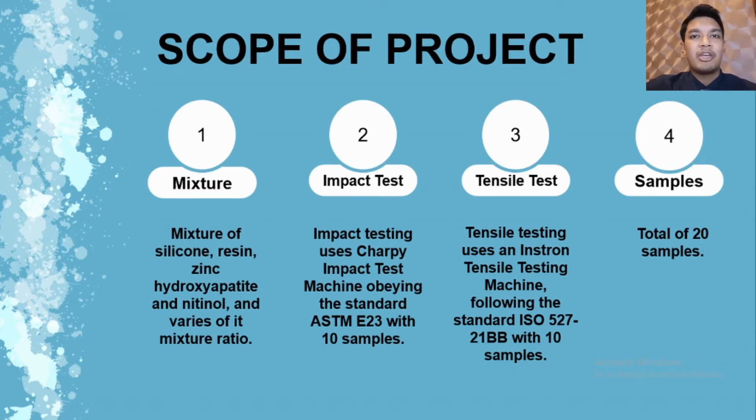The scope for impact testing is by using Charpy impact test machine obeying the standard ASTM E23, while tensile test uses Instron tensile testing machine following the standard ISO 527-1 BIBI. 10 samples of each test resulting in 20 samples in total.